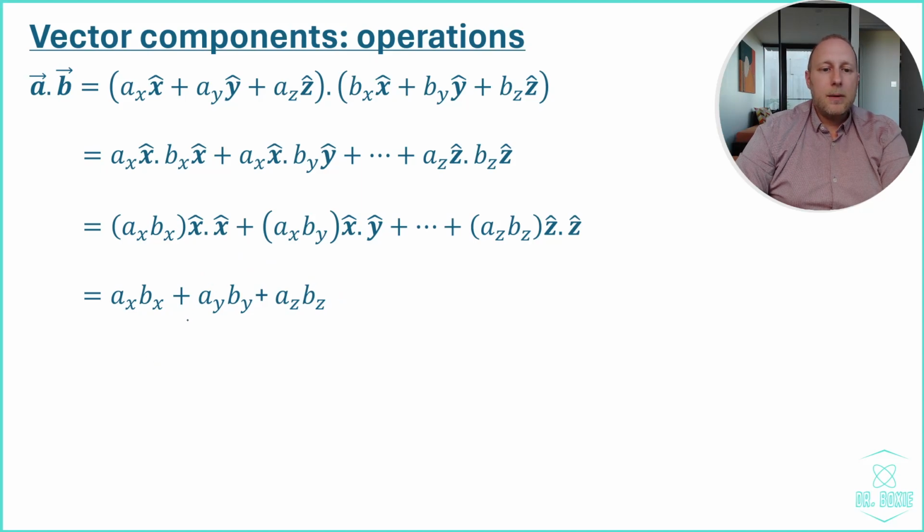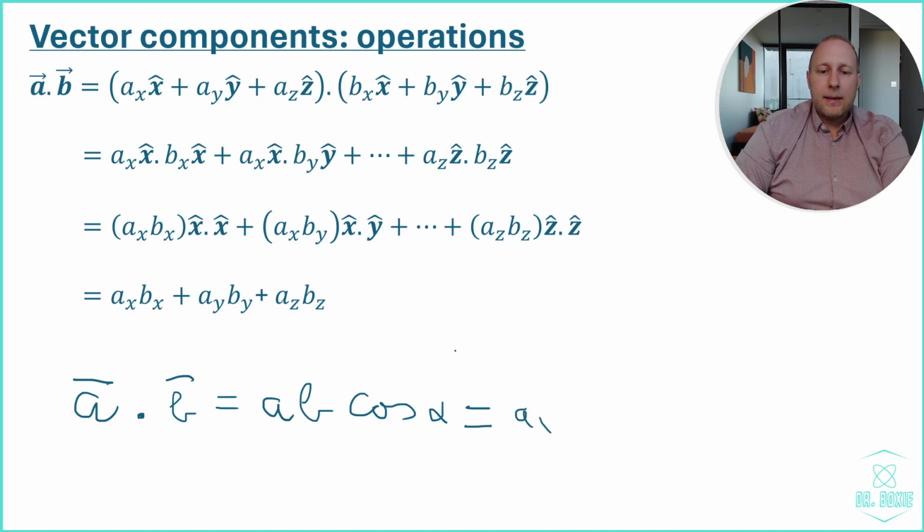So it turns out that the dot product of two vectors A and B, which was defined as the magnitude of A times the magnitude of B times the cosine of the angle between them, can be calculated as well by multiplying the x components of A and B, multiplying the y components, multiplying the z components, and adding these 3 numbers together. They give the same result. So this is how to write the dot product in terms of its components.